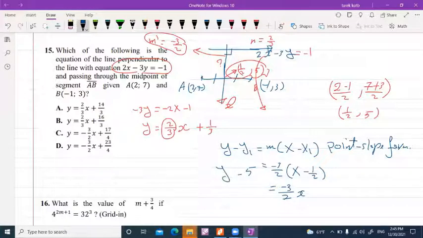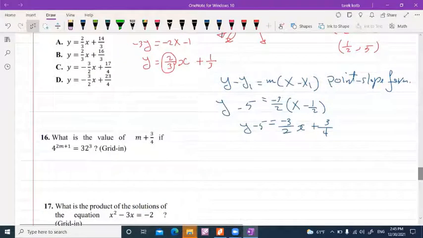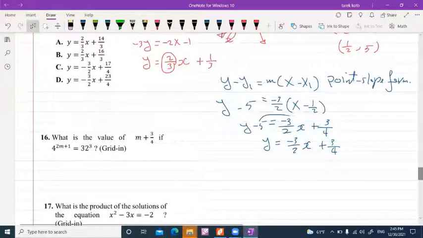If you multiply negative 3 over 2 times negative half, it will be positive 3 over 4. Take the 5 to the other side, so it will be y equals negative 3 over 2 x plus 3 over 4.